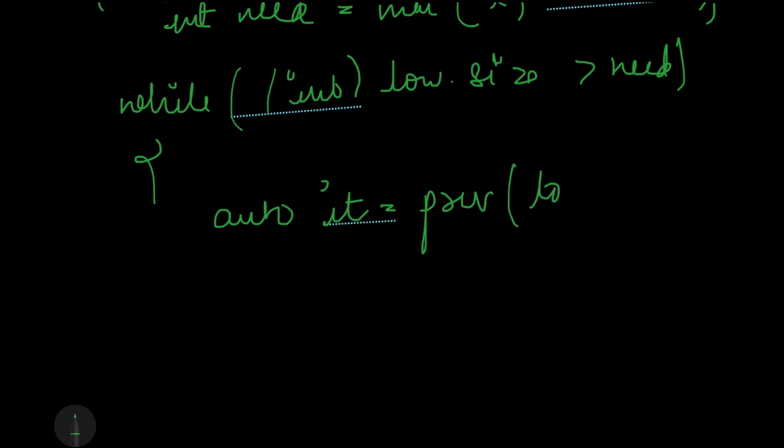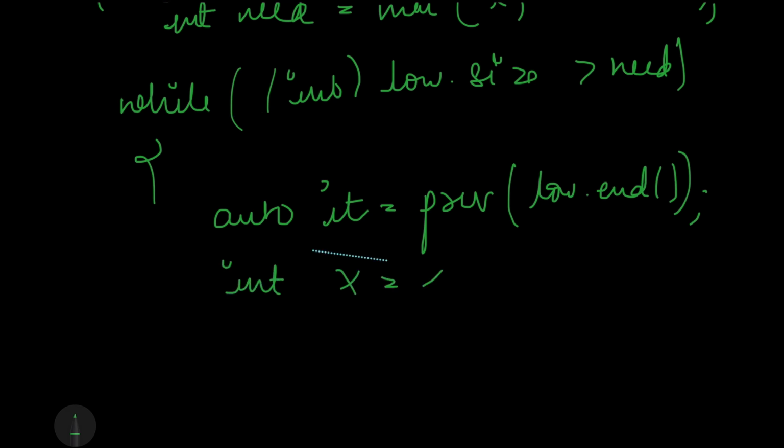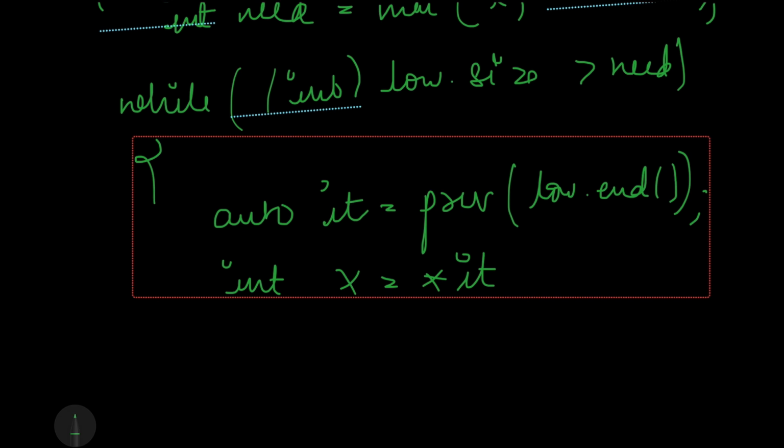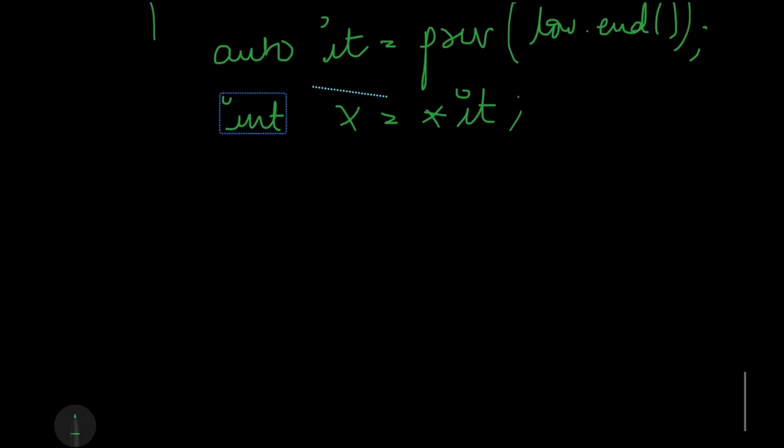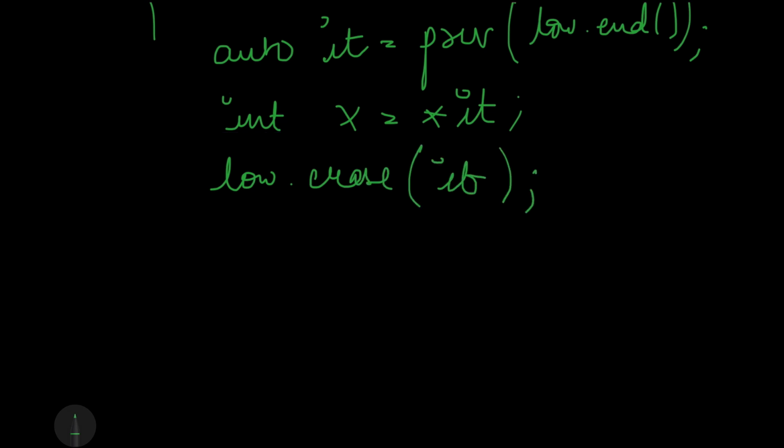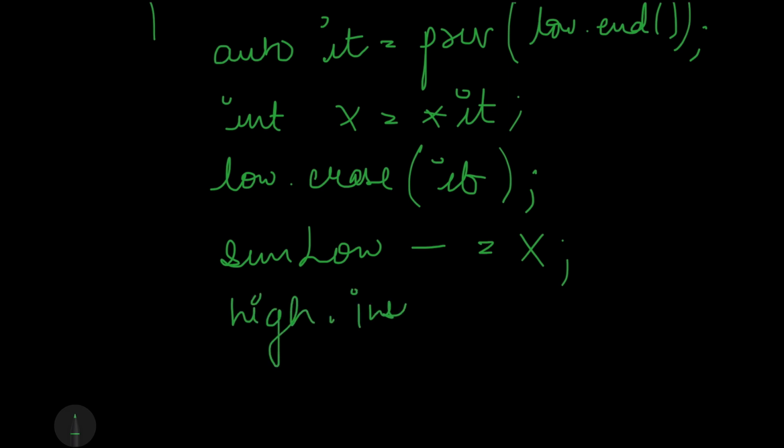We'll take an iterator, erase this, remove it from our sum also, and insert it into high.